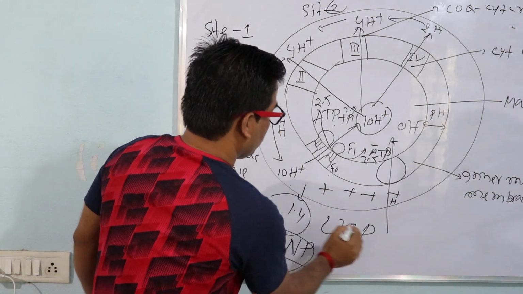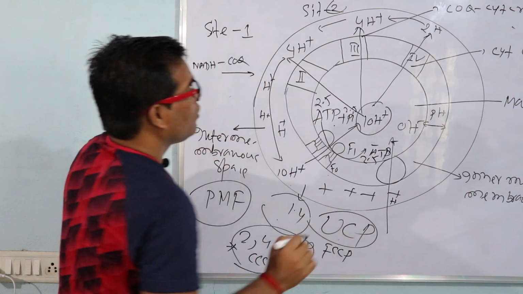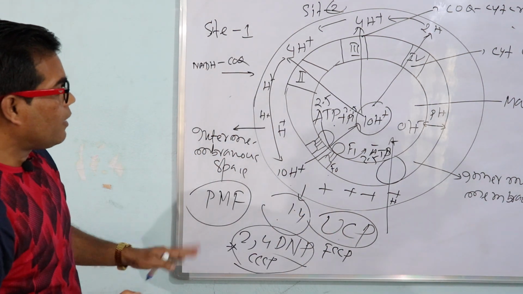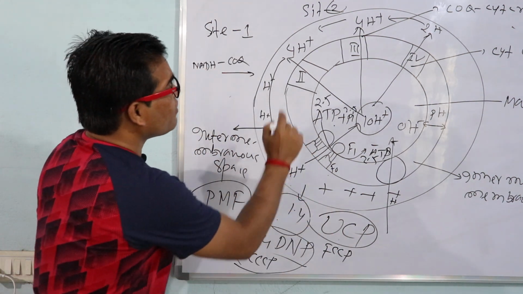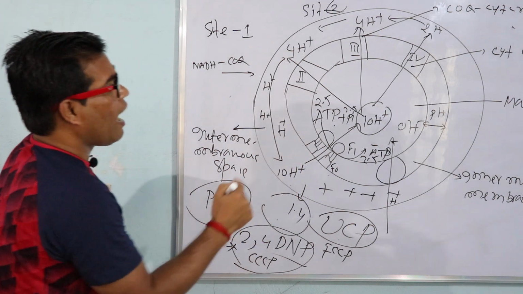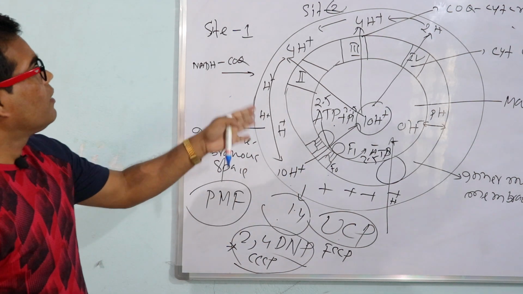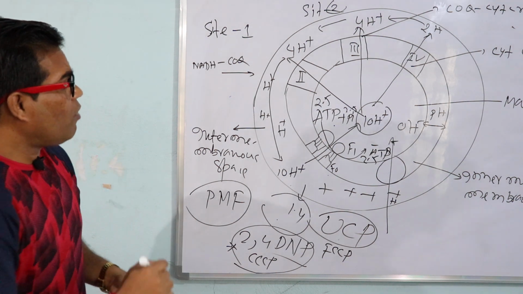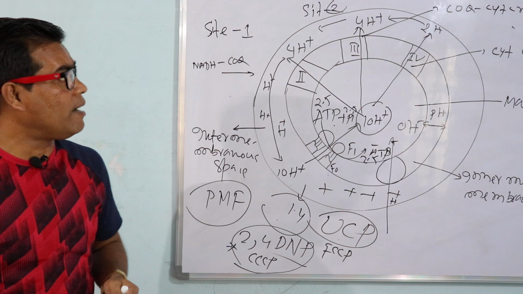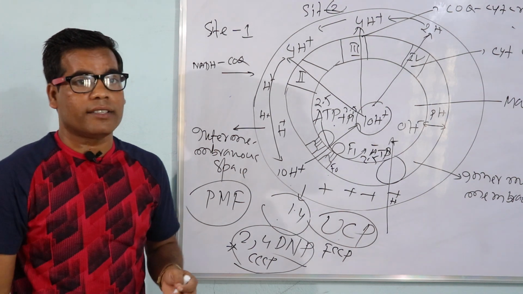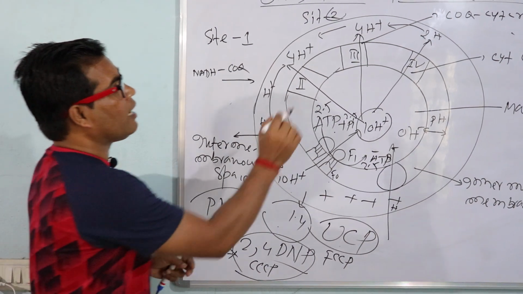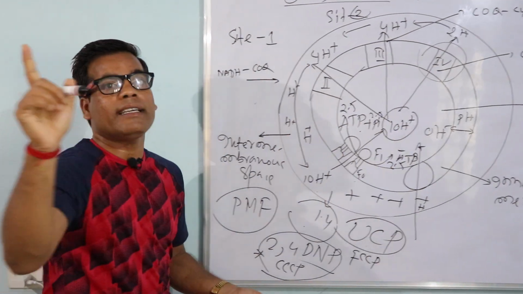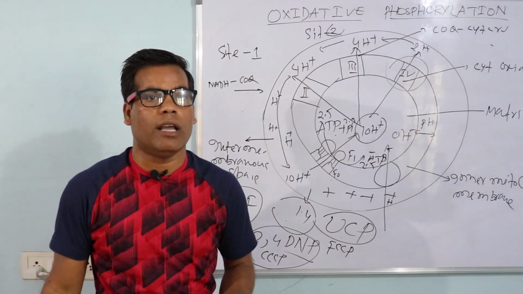So I told that these mechanisms are responsible for the production of energy, that is mainly ATP molecules. Now some deficiencies are there. For example, cytochrome oxidase, which is nothing but complex 4. If there is a deficiency in cytochrome oxidase, what will happen?